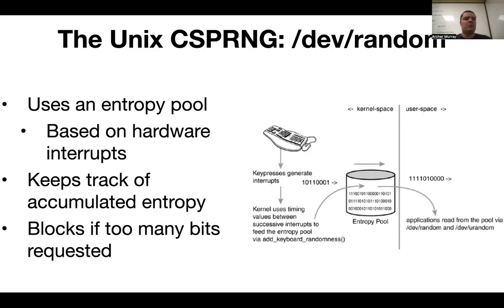The entropy pool keeps track of how much entropy or unpredictability it has accumulated. And then you can read bits from /dev/random. This will decrease the amount of accumulated entropy. And if you try to read too many bits compared to the amount of entropy that the entropy pool has generated, then the program will block until enough entropy has been generated.